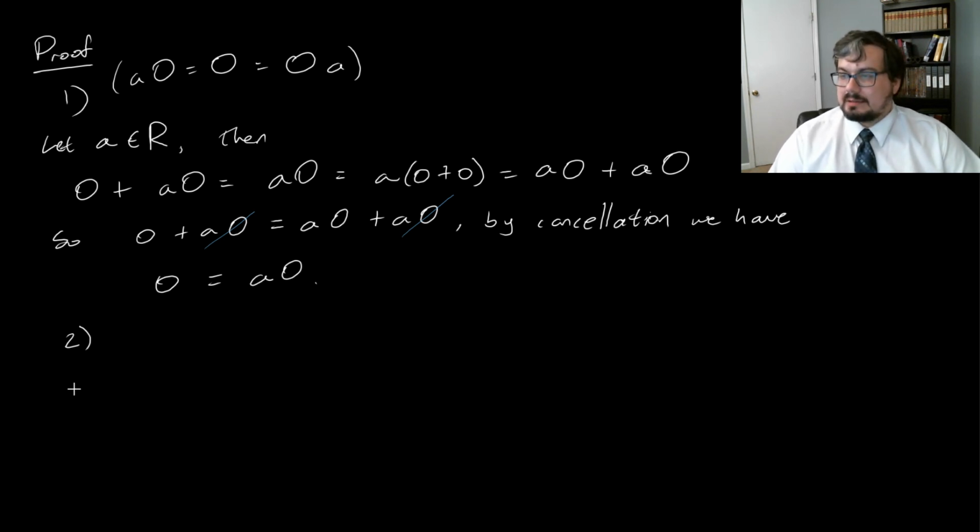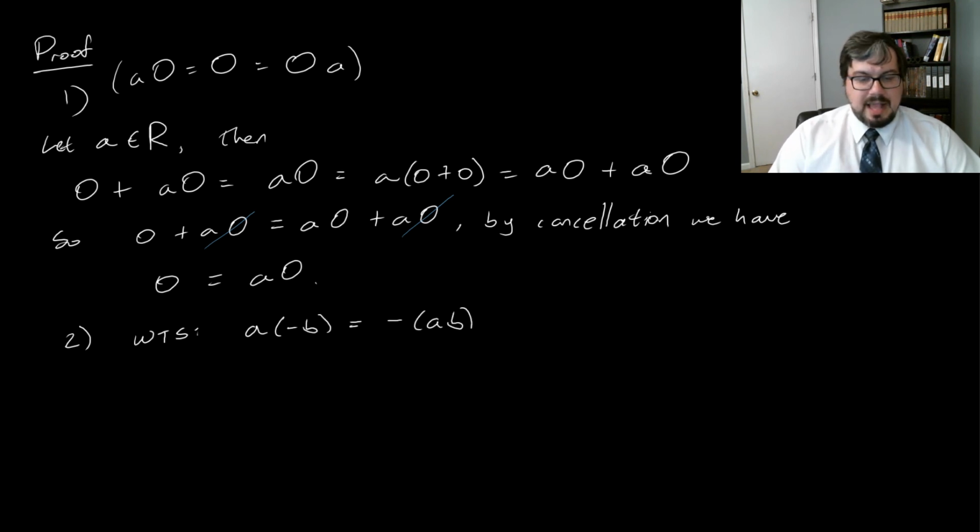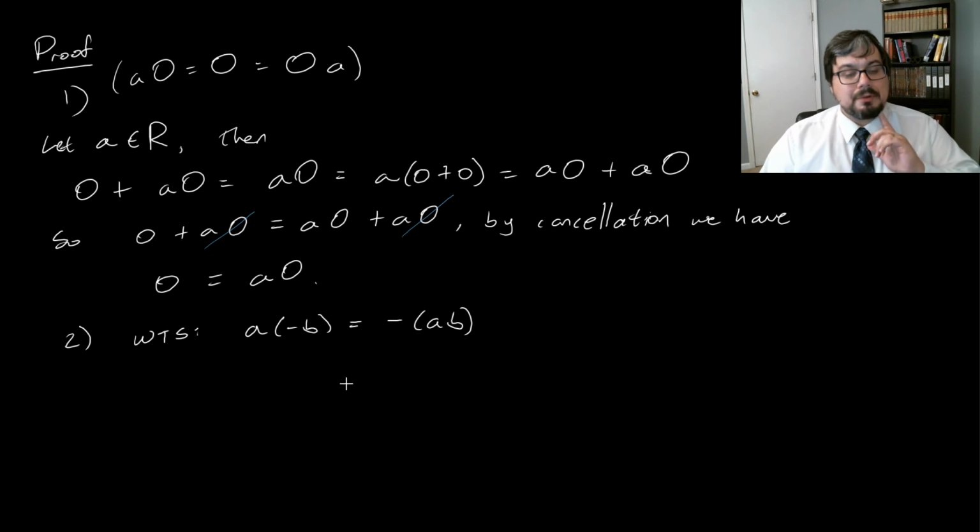Let's look at part 2. We want to show that a times negative b is equal to negative ab. So remember, again, when working with additive inverses or negatives, we can use many of the techniques and proof strategies that we had for groups.